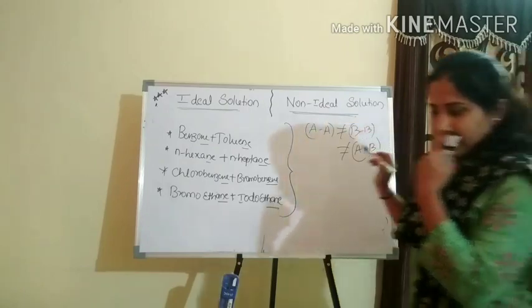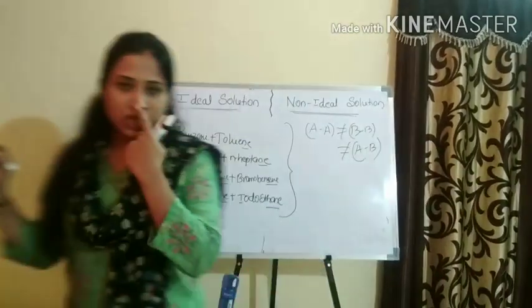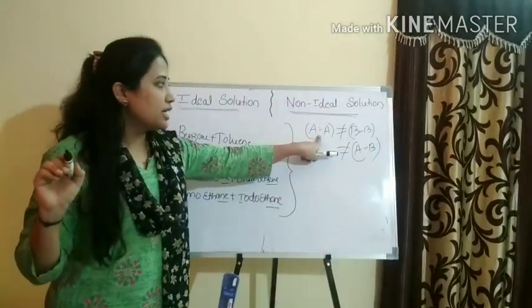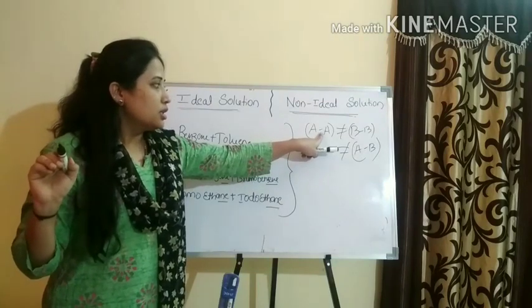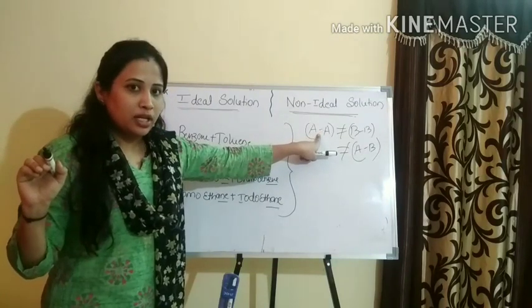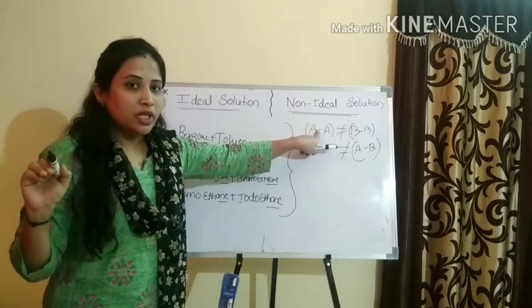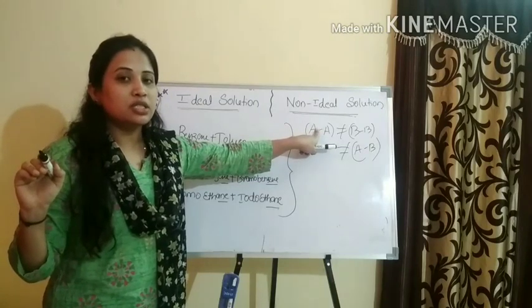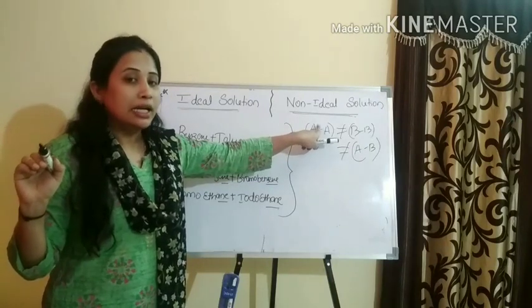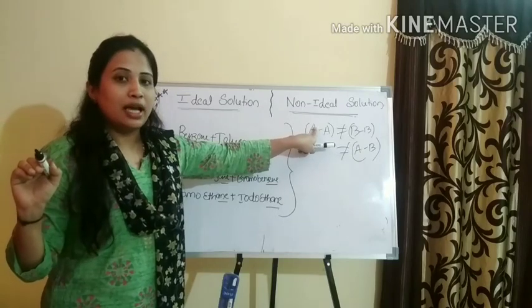So if there occurs some more interaction, if the force of attraction between the AA is more, means the enthalpy will also vary. It becomes very difficult to break the bond. So in such cases, what happens? We need to provide enthalpy to break the bond, right? Okay.